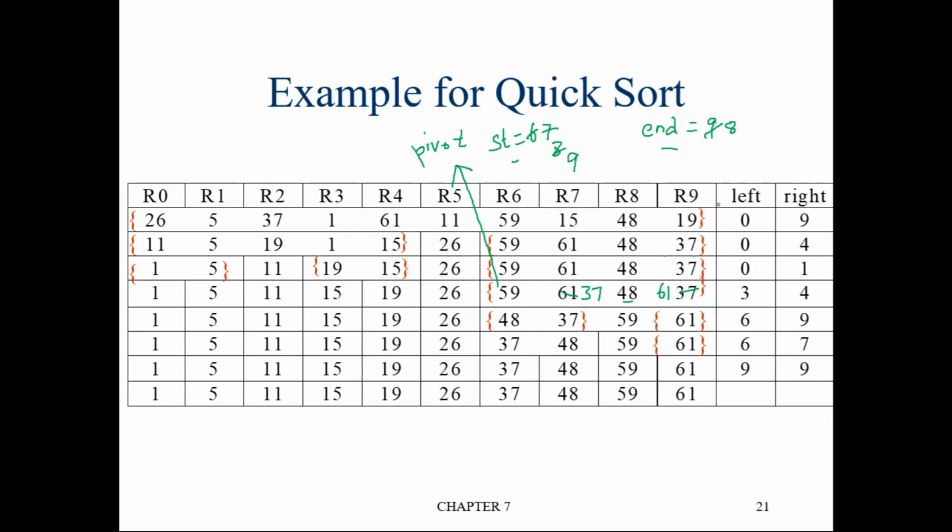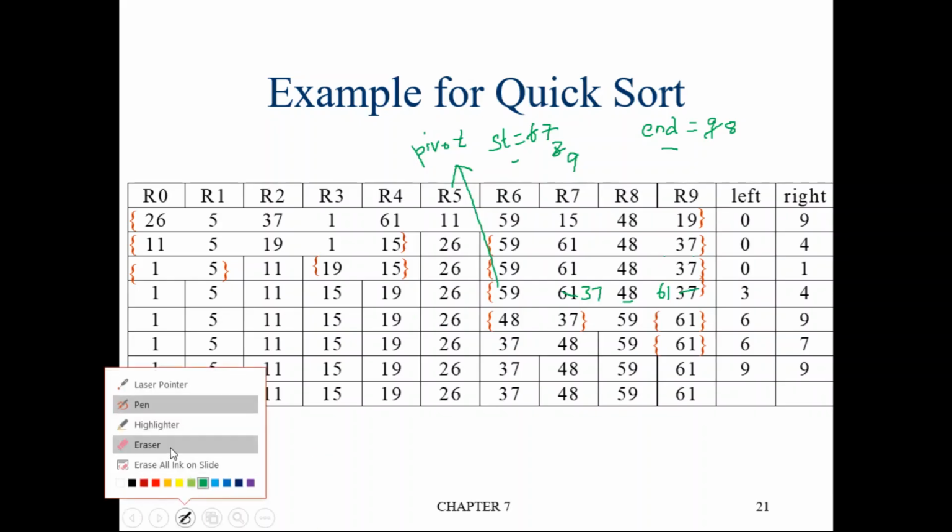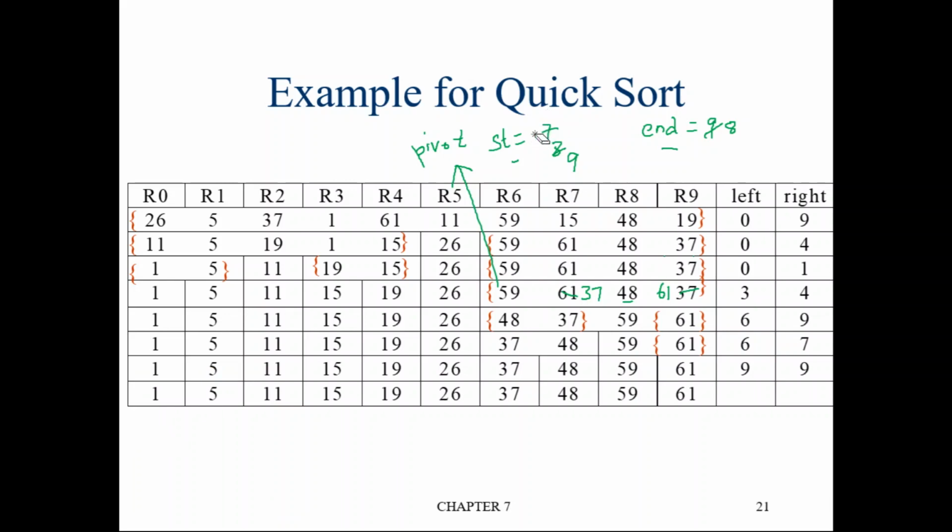So now the algorithm has stopped when start is 9 and end is 8. Again you check, is start less than end or not? No, start is not less than end, start is greater than end.